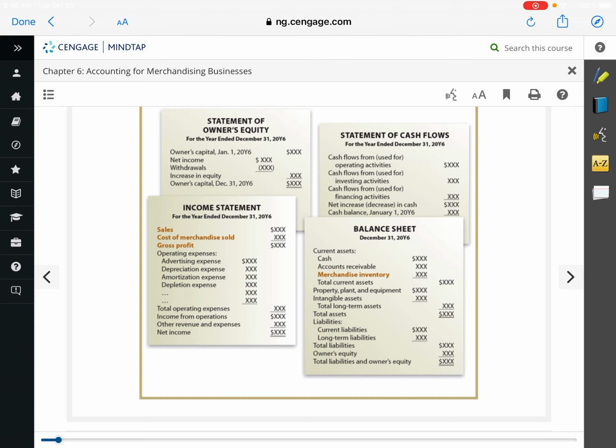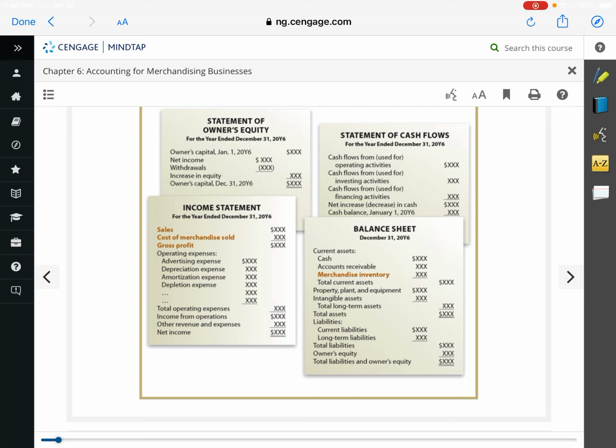We'll get into how that plays into the accounting equation. So for a specific product, we're going to be able to look at sales minus cost of merchandise sold and then figure out what is gross profit based on that item or that sector of the business and things like that.